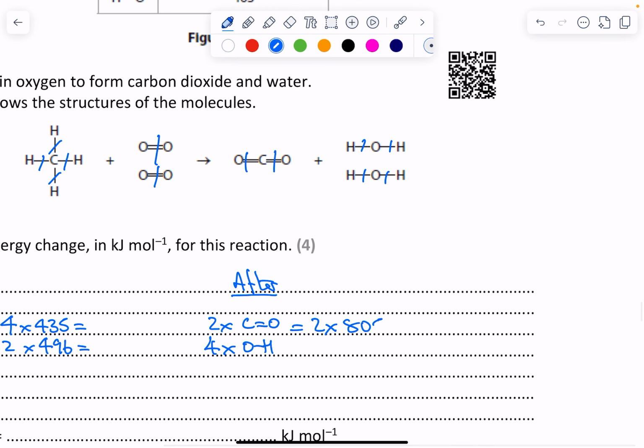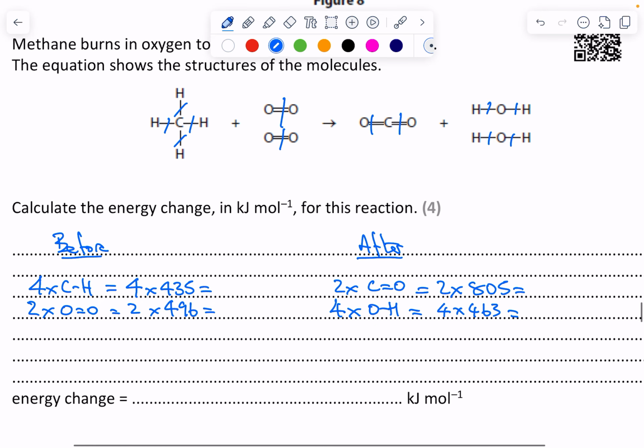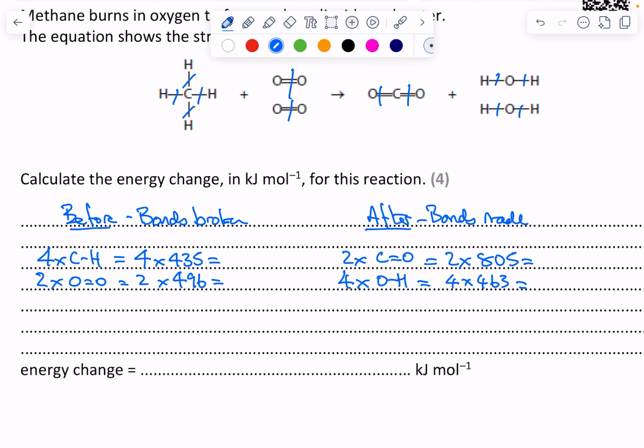So I've got 2 lots of 805. And I've got 4 lots of OH bonds, which is 463. And we've got 4 of those. So I'm going to plug those numbers into my calculator. Remember, before here, I should probably add here that these are bonds broken. And here we have got bonds being made. Okay, so let's work these out.